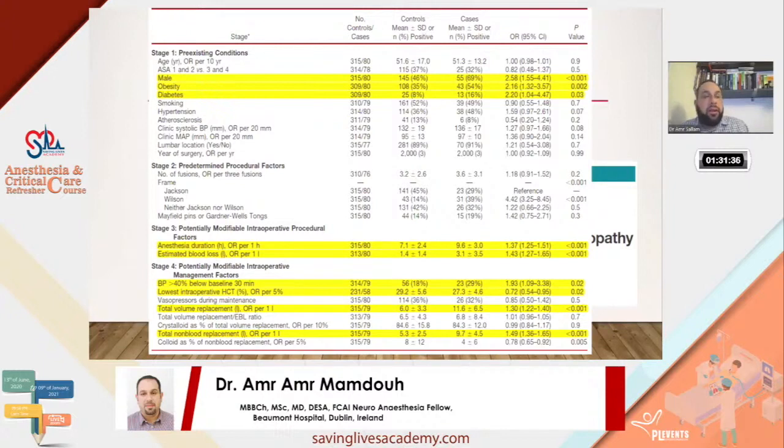So the non-changeable are that male patients are at higher risk, obesity, and the patient with diabetes. But there are other factors that can be changed, which is the anesthesia duration and estimated blood loss. And depending on that, they concluded the blood pressure drop and the requirement of more fluids. And that's what we are talking about.